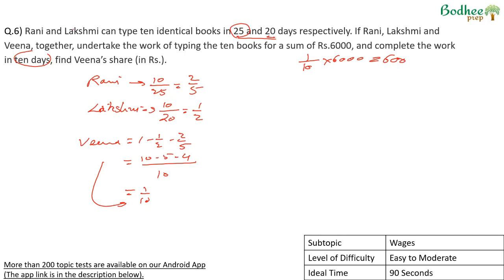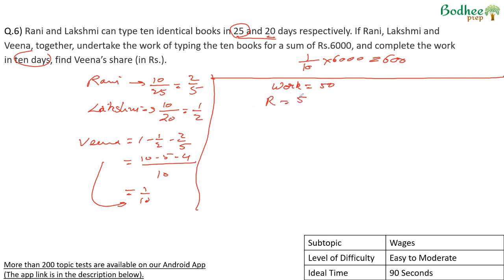If this method is not something that you're comfortable with, we can also work with taking the total amount of work. Let the total amount of work to write 10 books be 50 units. Therefore, Rani does 50 units in 25 days, which is 2 units per day.